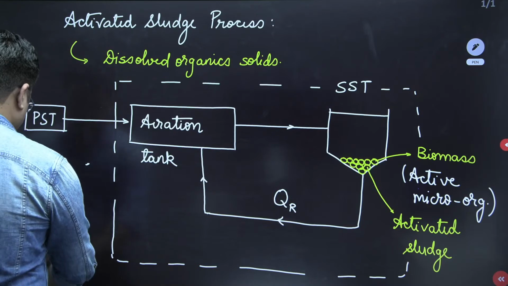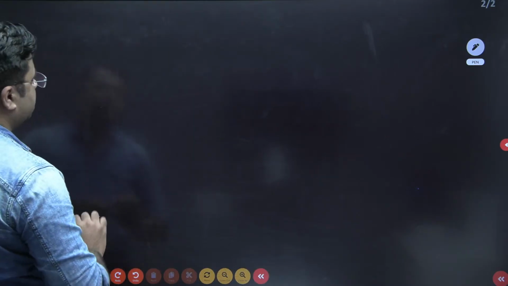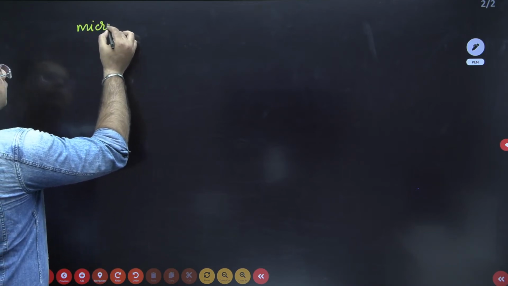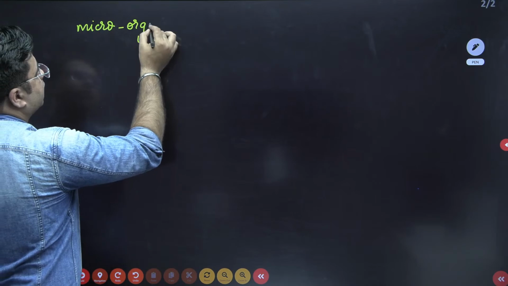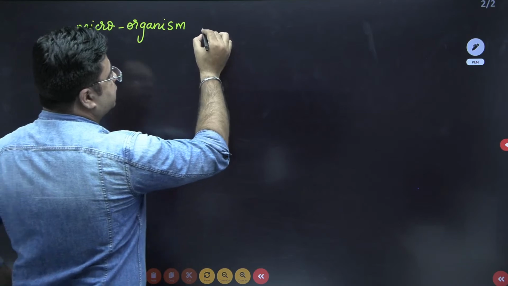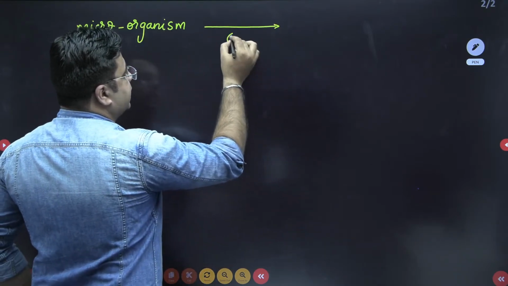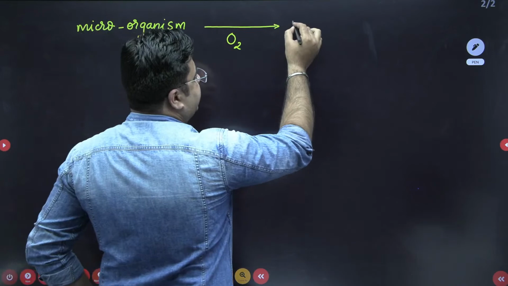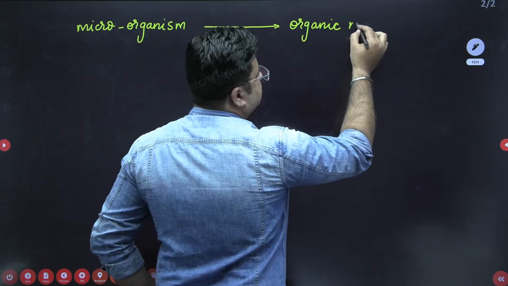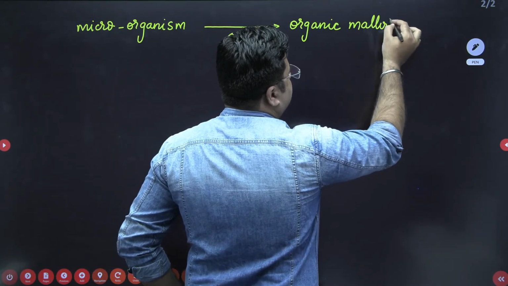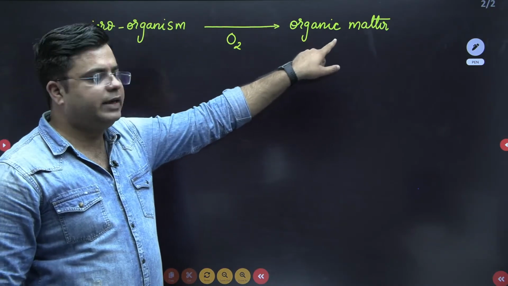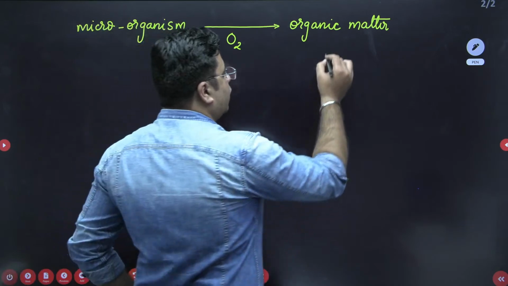First of all, we'll start with this. So you have microorganisms. These microorganisms, in the presence of oxygen, will carry out the decomposition of organic matter to form biomass.